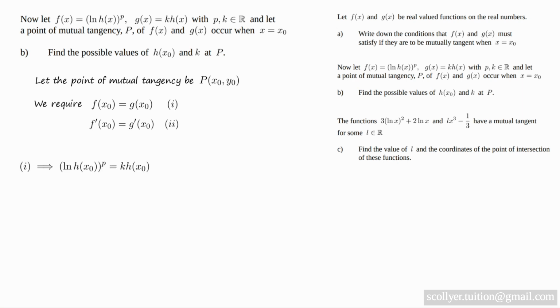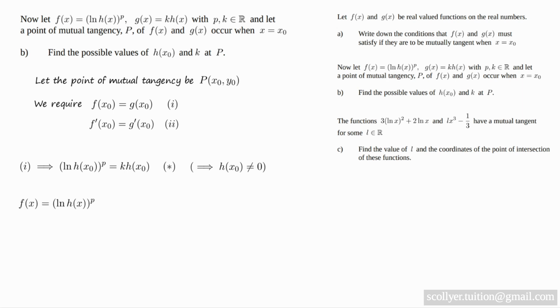And so from 1 we have that (log h(x_0))^p must equal k times h(x_0), and we call that statement star, and we note in passing that this tells us that h(x_0) cannot be equal to 0, because otherwise the left-hand side would be undefined due to the fact that we take the log of h(x_0).